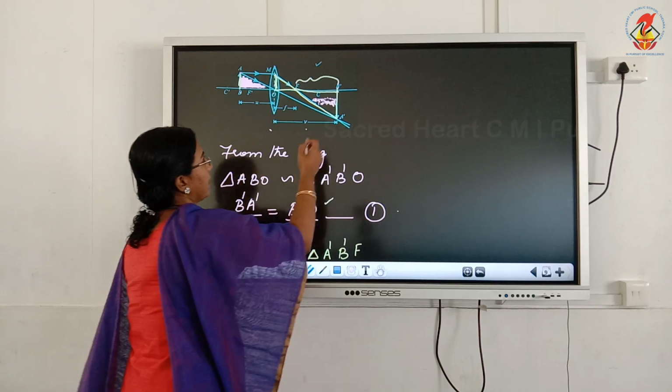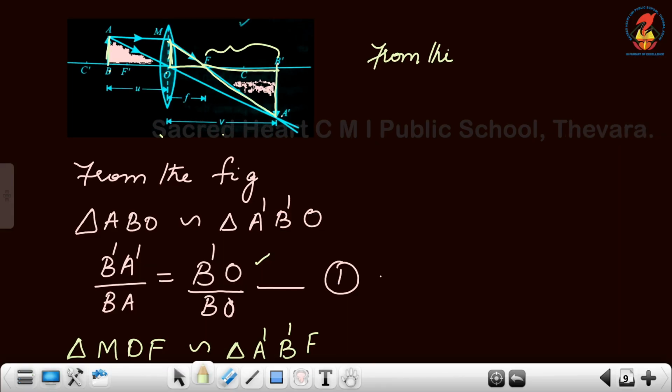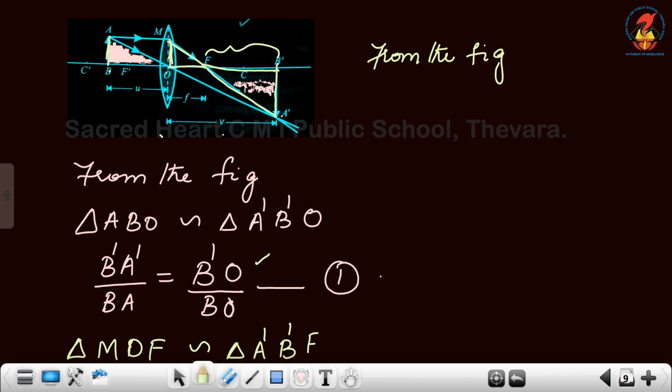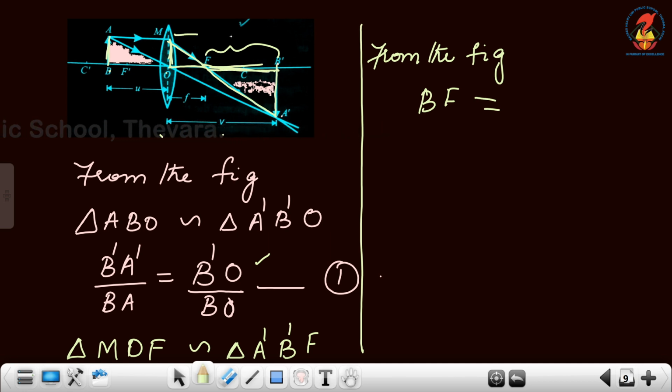So from the figure, we can write B dash F is equal to B dash O minus FO.